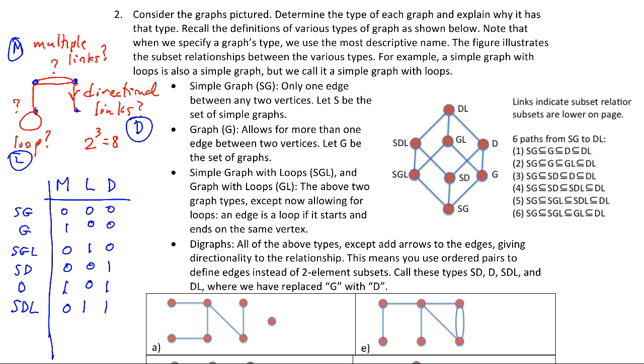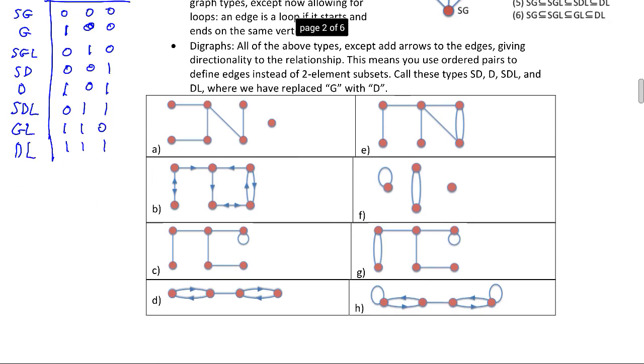We can take a graph and add loops, 1, 1, 0. And finally we can make a digraph with loops, which has all 3 possibilities. In any case, there are 8 possibilities altogether, and we're asked to classify the graphs shown below according to those 8.